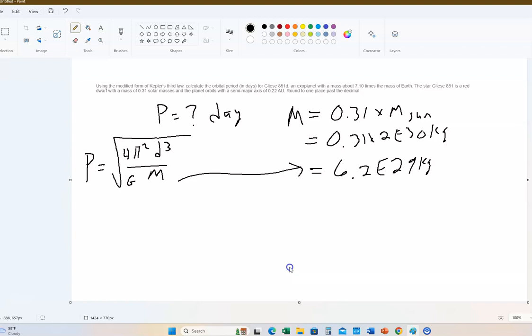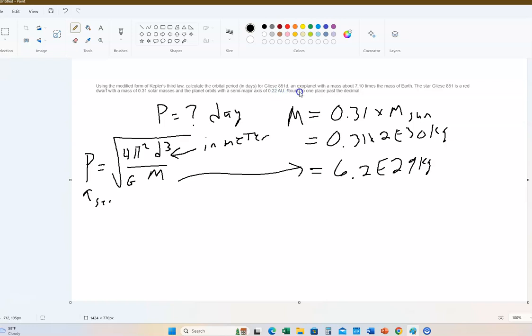Now, the other thing is the D. The D here has to be in meters. And by the way, the period, of course, comes out in seconds. So we have to do some conversion to get it into days, but that's pretty easy. The one thing that we have here is that the semi-major axis is 0.22 astronomical units.